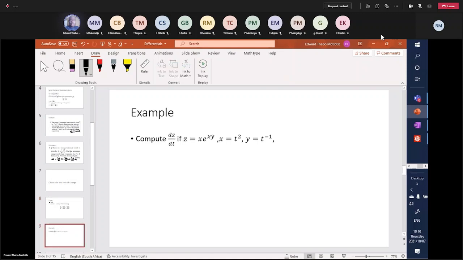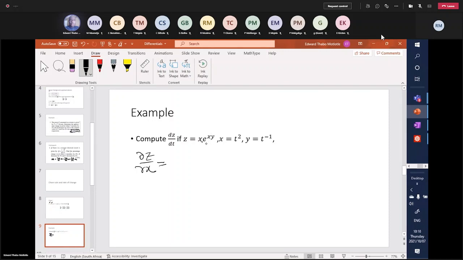Now we have an example here. They say we must determine dz/dt. Okay, so this means we need to differentiate z partially with respect to x. So if you look at this function here, basically here we have to use product rule.